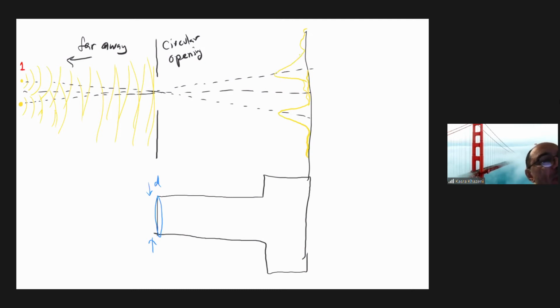The actual pattern will be a diffraction pattern. So any point source of light will have to form a diffraction pattern on the film behind the camera. And it won't be exactly a point here. It would be a diffraction pattern shape.